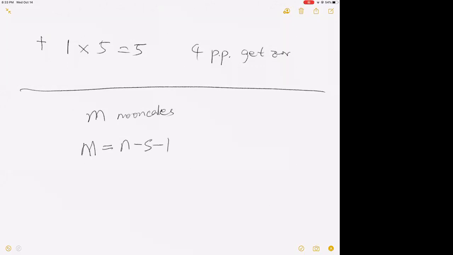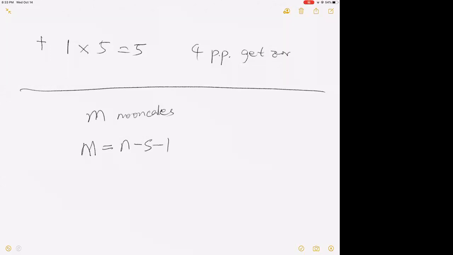So why is m n? What is n? What is s? S is the number of sticks, and you can remember from the start of my proof that s is the number of sticks for solution number 2, and n is the number of mooncakes for solution number 2.